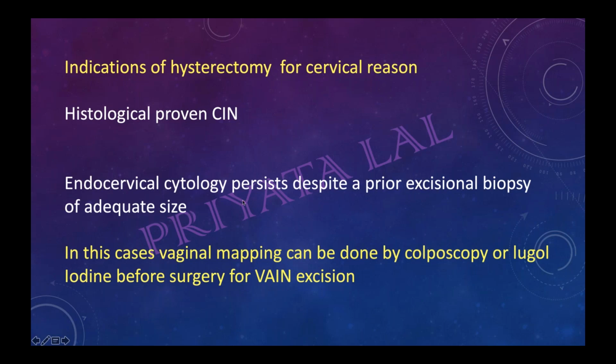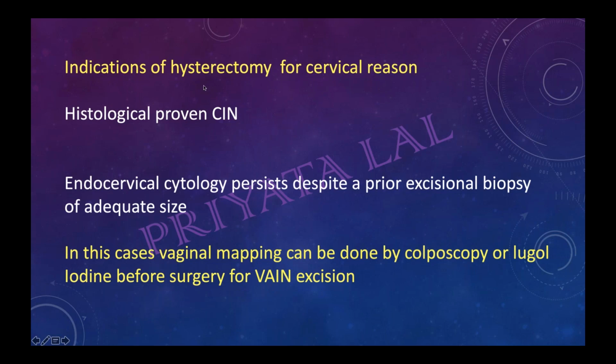In that situation, she is going for hysterectomy. There could be a possibility of vaginal lesions, so vaginal mapping can be done by colposcopy and iodine before she goes for surgery, because if you find a vaginal lesion, surgery for the vaginal lesion can also be done.